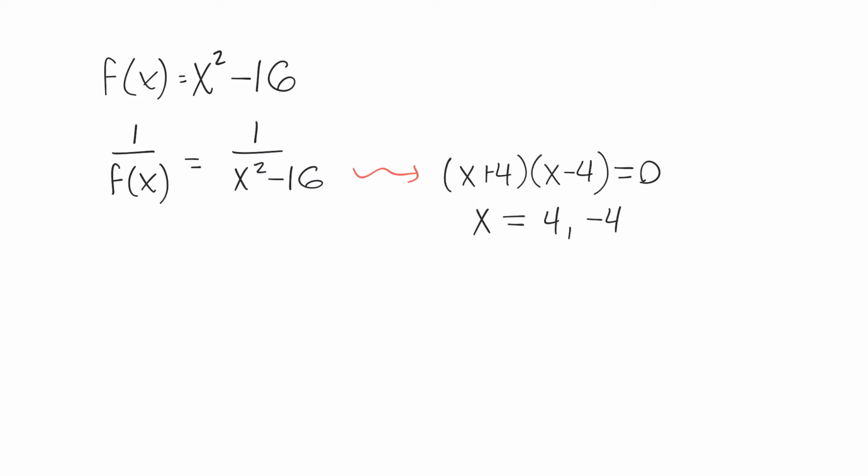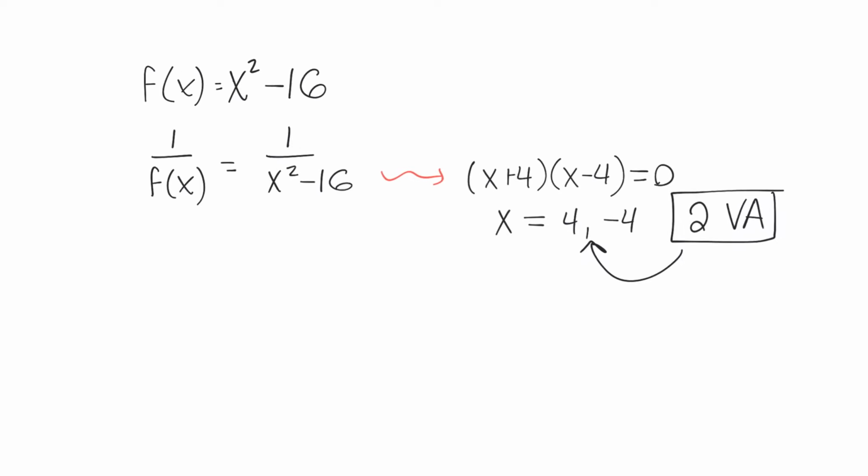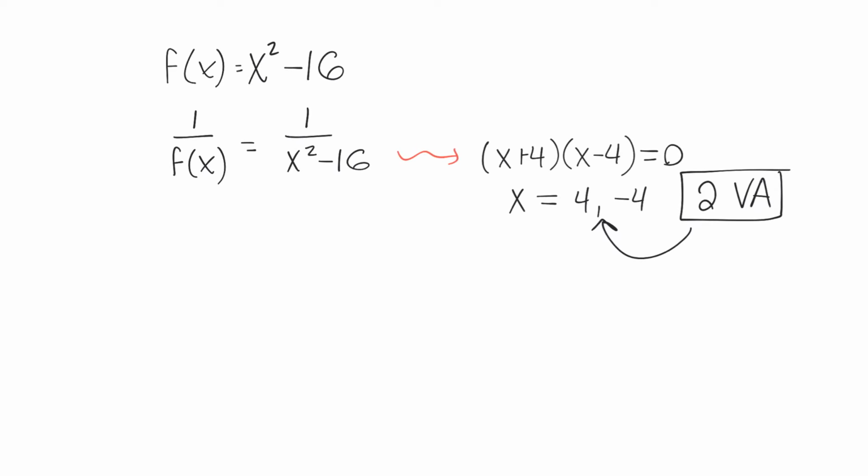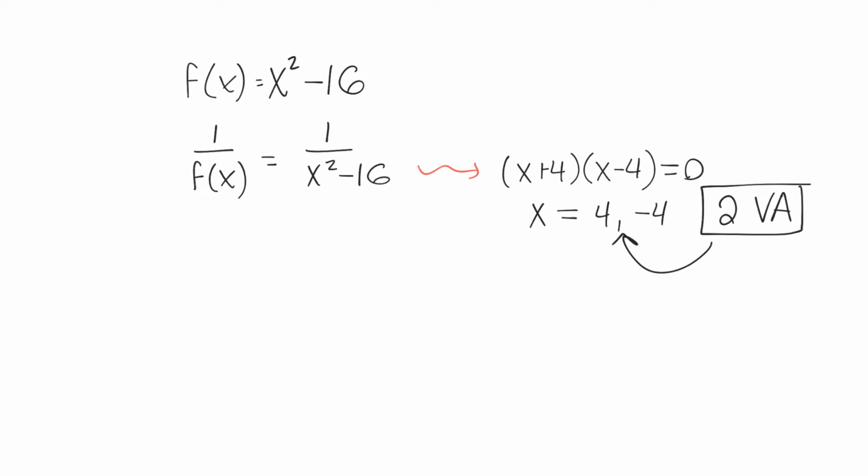That means we have 2 vertical asymptotes, and also 2 non-permissible values. So there are your vertical asymptotes. As far as finding the invariant points, you have to set x squared minus 16 equal to 1 and to -1, just like we did before.